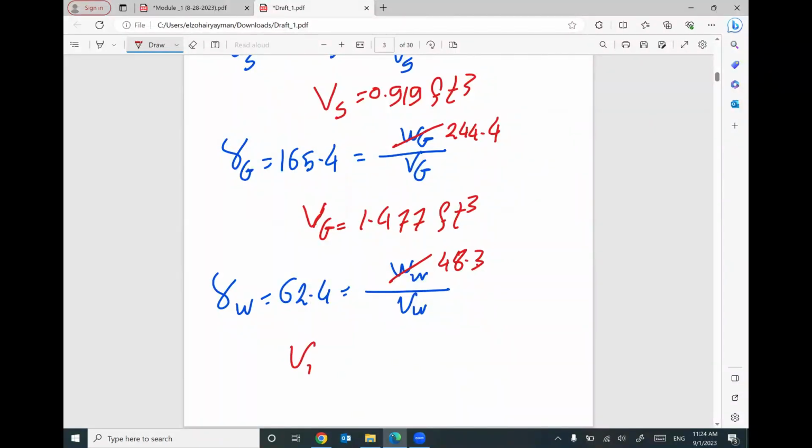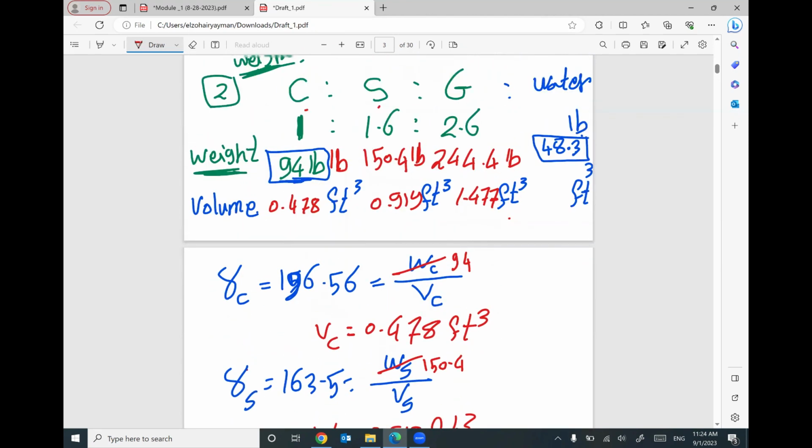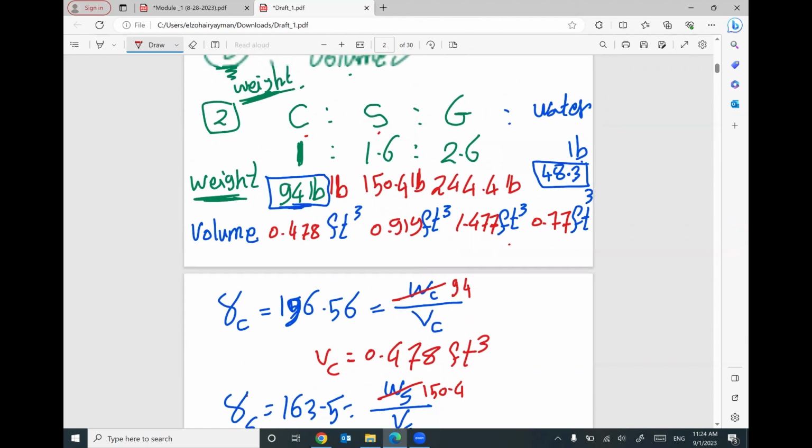So the volume of water will be 48.3 divided by 62.4, and I got 0.77 cubic feet. This is the second step.